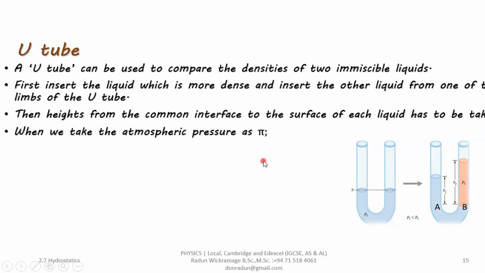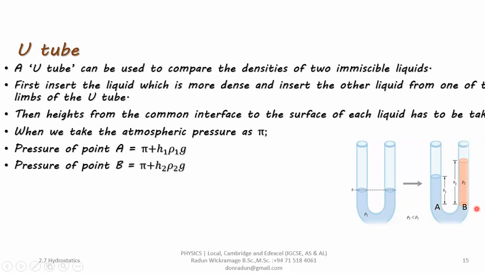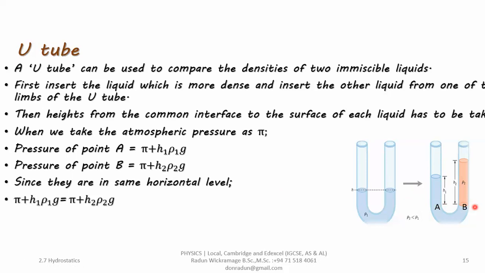When we take the atmospheric pressure as pi, we can write down the two equations: the pressure at point A as pi plus h1 rho 1 g, and at point B as pi plus h2 rho 2 g. Since they are at the same horizontal level, we can equate these two pressures.